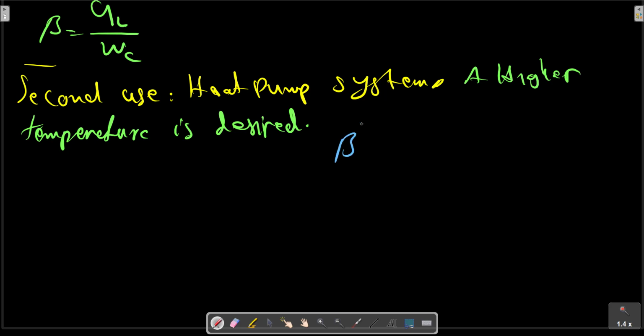Beta equals QH over W compressor, the coefficient of performance.